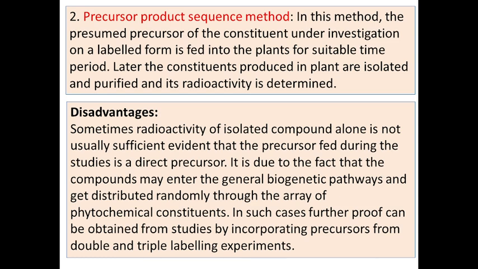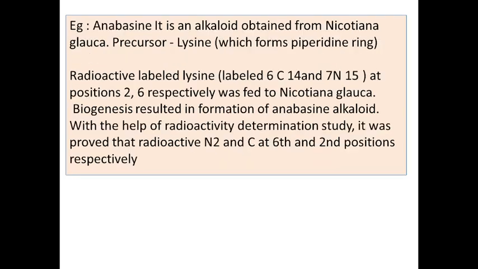In such cases, further proof can be obtained by incorporating precursors in double and triple labeling experiments. So for proper investigation of the biogenesis of that particular constituent, double and triple labeling experiments are also performed.